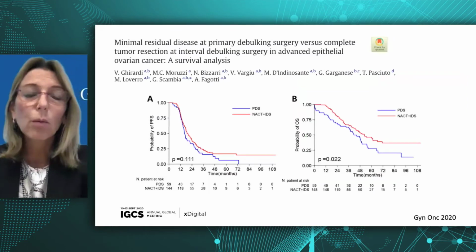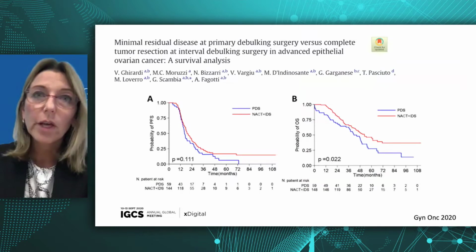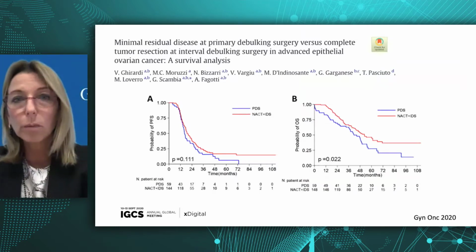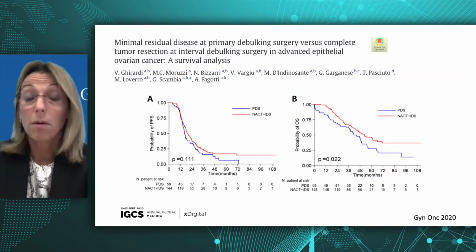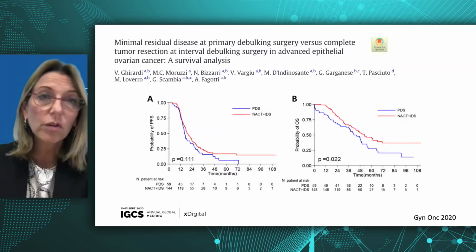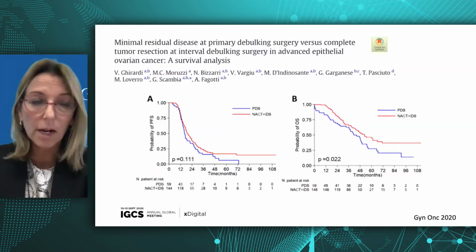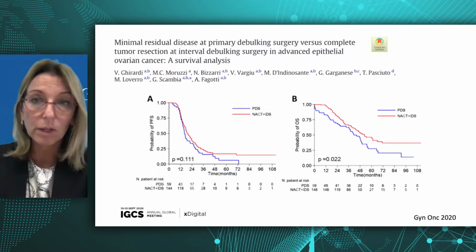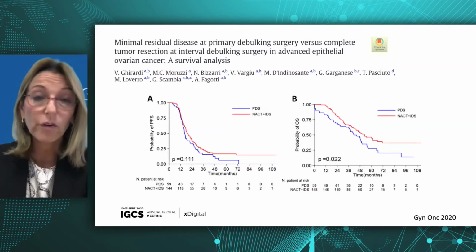Now, on this background, what we try to understand is whether patients achieving optimal cytoreductive surgery with a residual tumor between 1 and 10 millimeters actually have the same or better survival with respect to those patients receiving no gross residual disease at time of interval debulking surgery after neoadjuvant chemotherapy. And as you can see here from our series, there is no difference between these two groups with respect to progression-free survival.